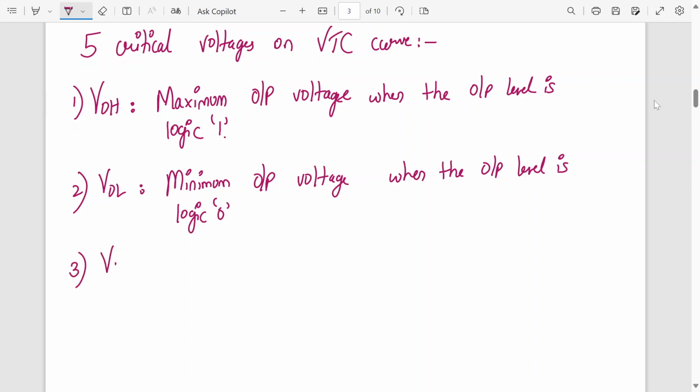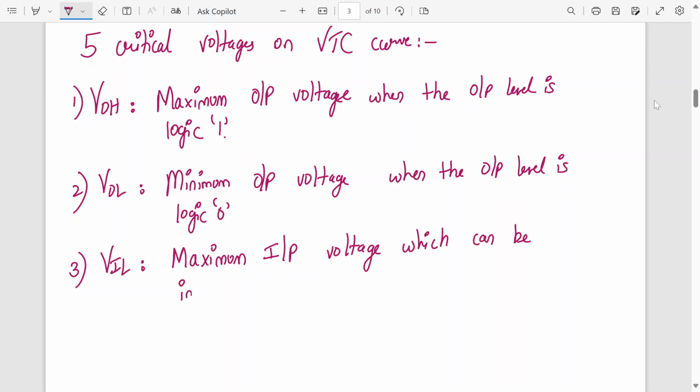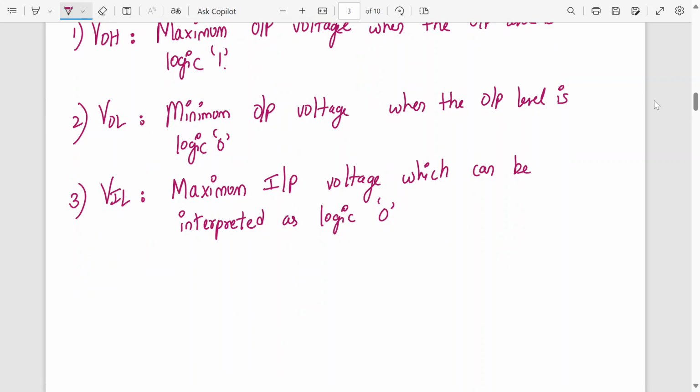Next is VIL. Anyone? Maximum input voltage which can be interpreted as logic 0. Maximum input voltage which can be interpreted as logic 0.